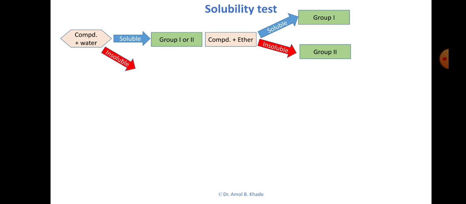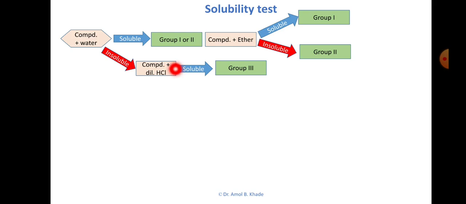Now there is another possibility that after adding your compound to distilled water, it is not getting solubilized and remains insoluble. In this case, it will not be in group 1 or group 2; it could be in group 3. So you take a fresh test tube, add a little amount of compound and try to dissolve it in dilute HCl by shaking the test tube.